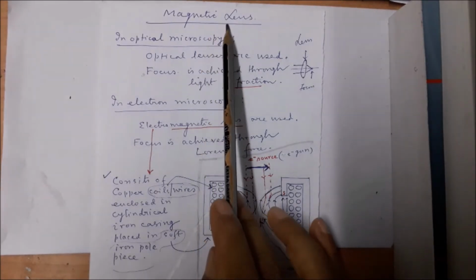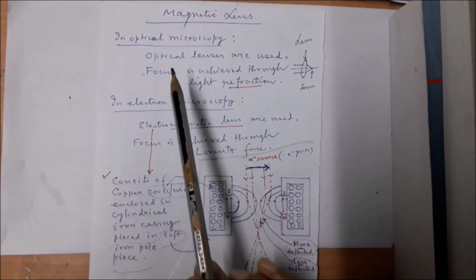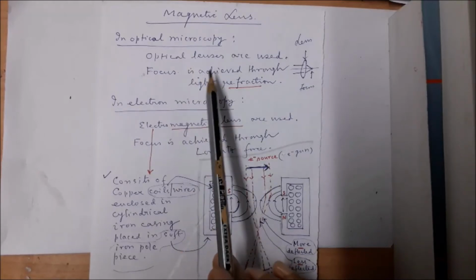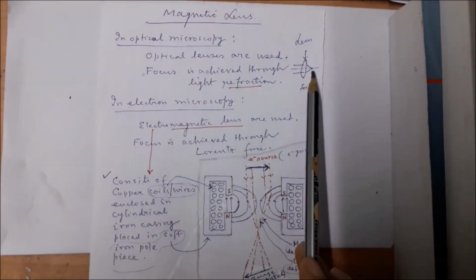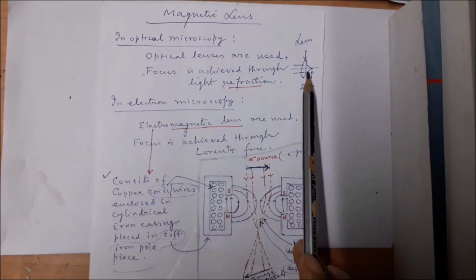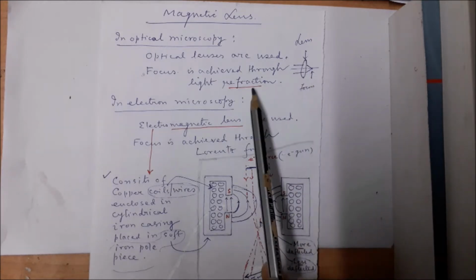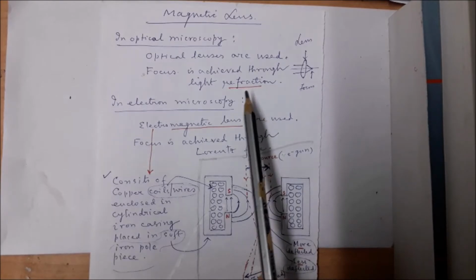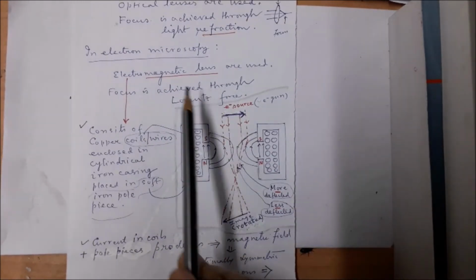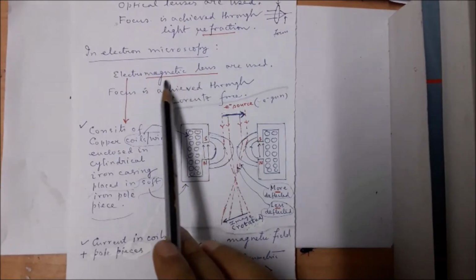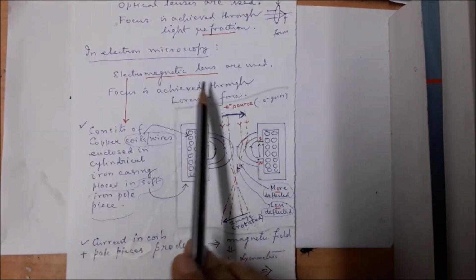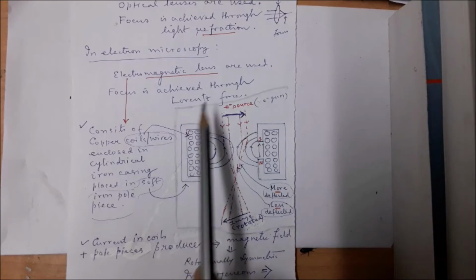In optical case, lenses focus light at a particular point, and the phenomenon involved is refraction. In electron microscopy, one uses instead an electromagnetic lens or magnetic lens, and focus is achieved through Lorentz force.